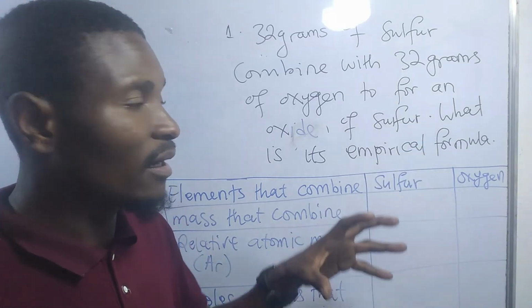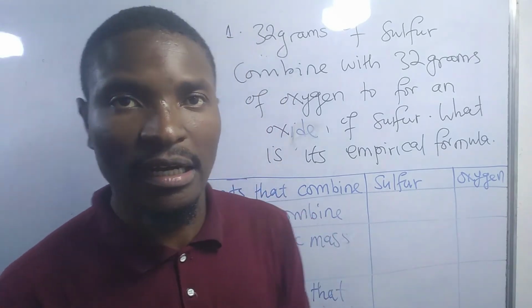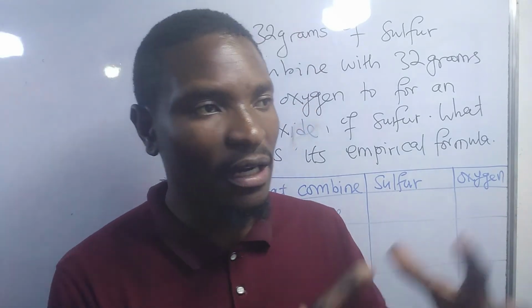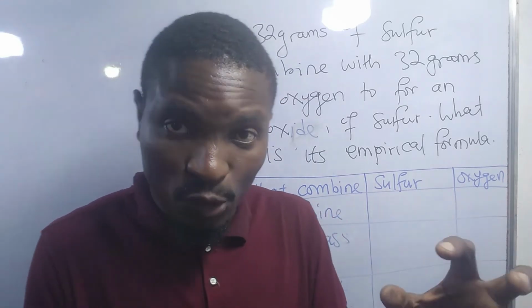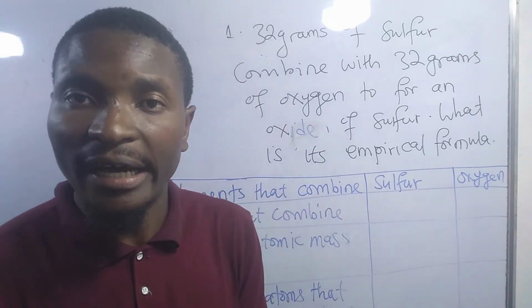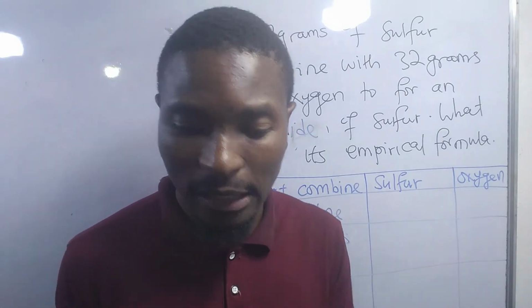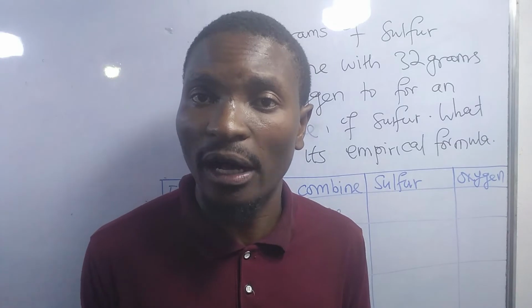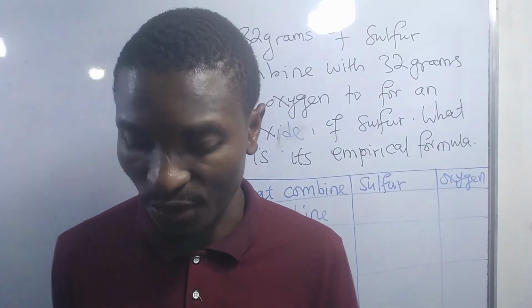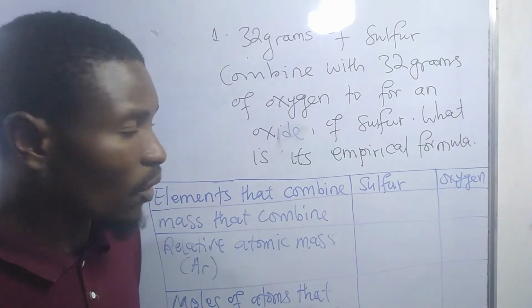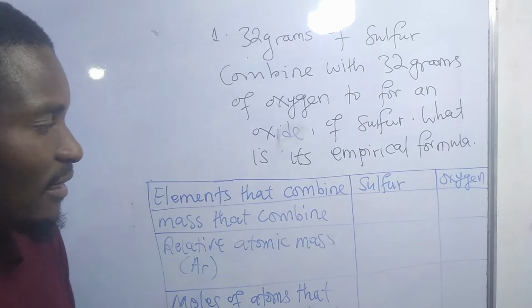What is its empirical formula? You measure the mass of sulfur and the mass of oxygen. Now, what could be the chemical formula in the form of empirical formula, the simplest combination of the atoms? I've got a table that I've written down.